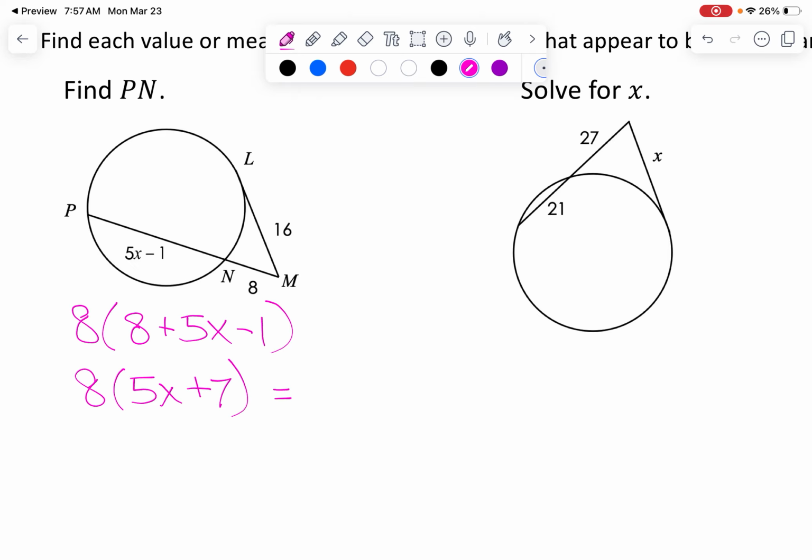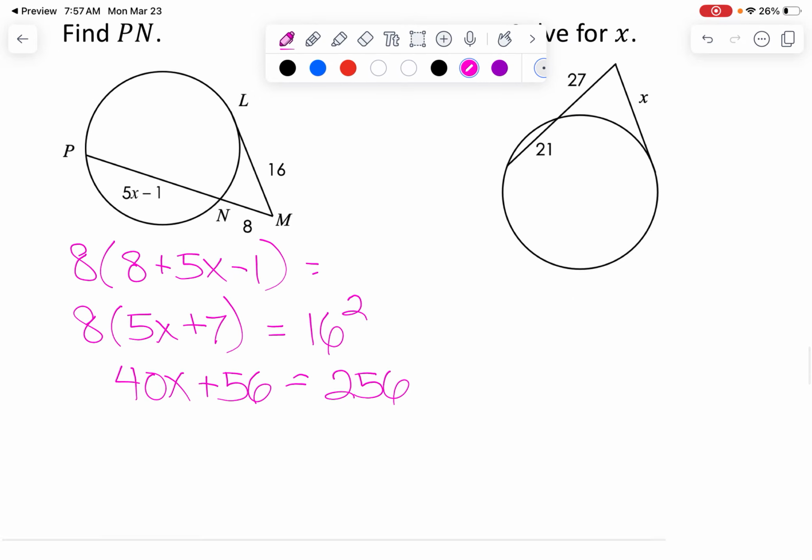Okay, so I have 40x plus 56 equals 16 squared, which is 256. If I subtract 56 from both sides, I'm going to get 200. I'll divide by 40 on both sides.